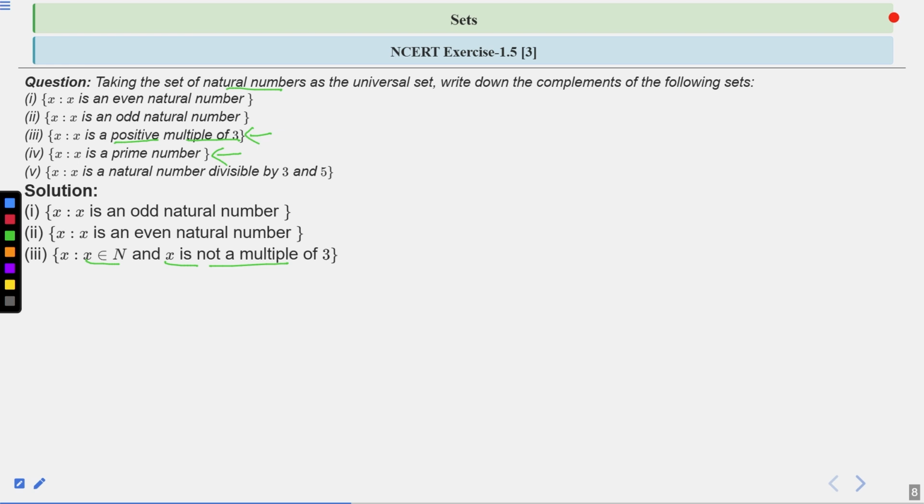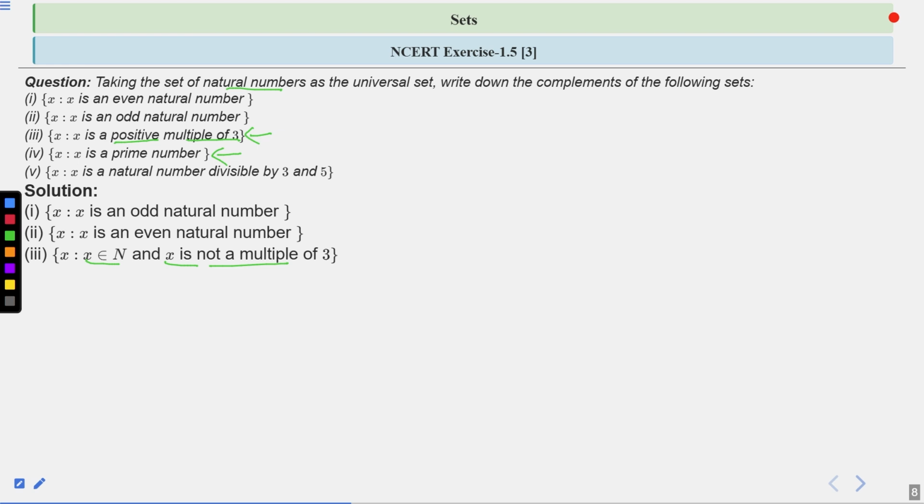Comment. And composite numbers. Yes, those who have exactly two factors, one and the number itself, then we say that number is a prime. What about composite number? Those who have more than two are composite, yes.